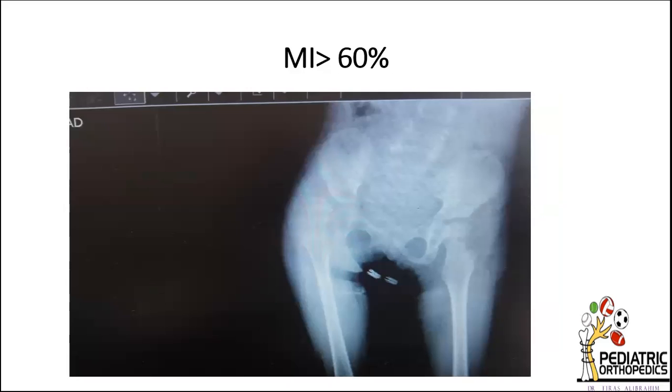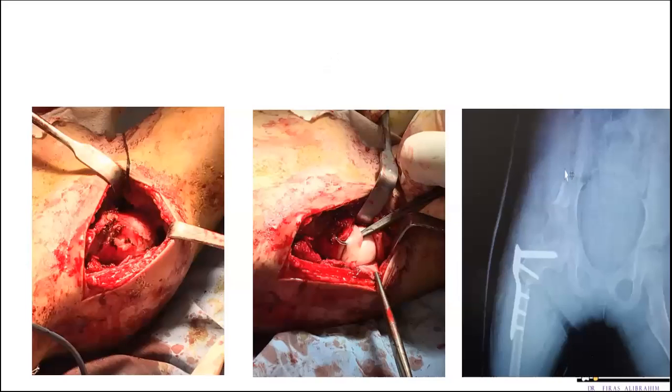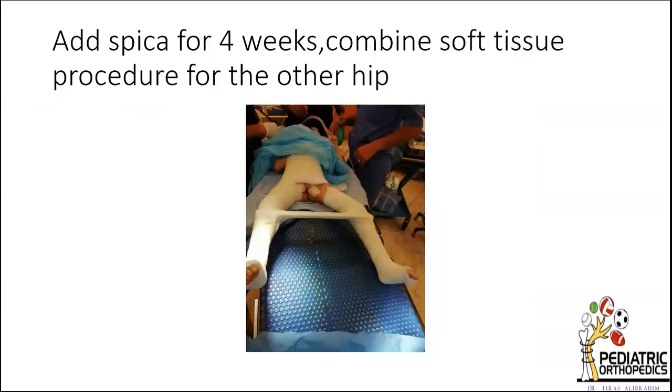If in this X-ray we have a dislocated hip with migration index more than 60%, we open the capsule through anterior approach and remove the obstacles inside the capsule, and do varus derotation osteotomy with femoral shortening and acetabulum osteotomy according to the deficient area of the acetabulum, either Dega or Pemberton. And we add spica for 4 weeks, combined with soft tissue procedure for the other hip.